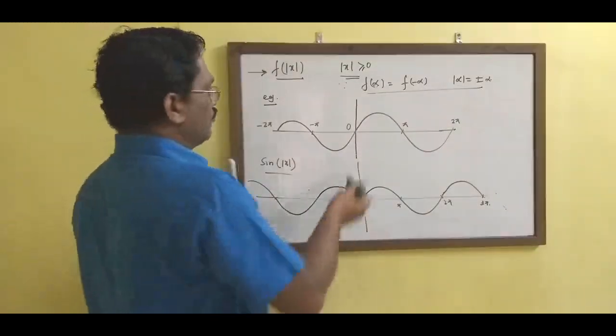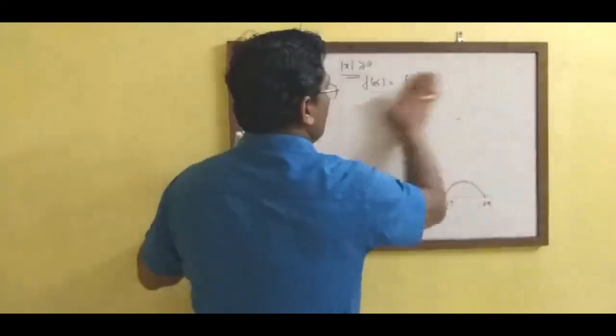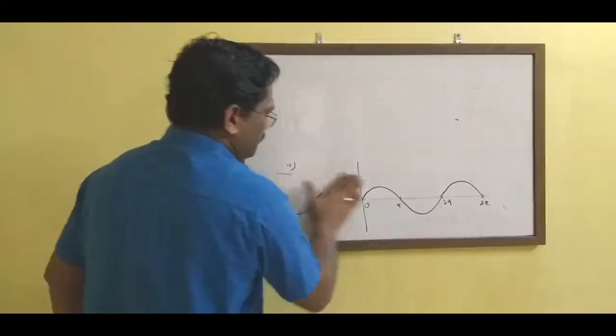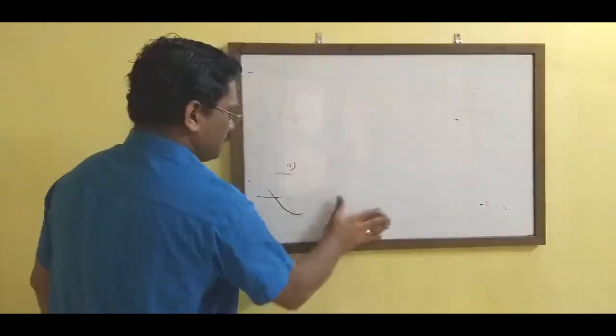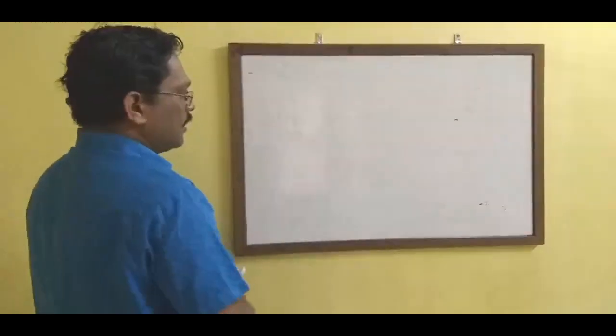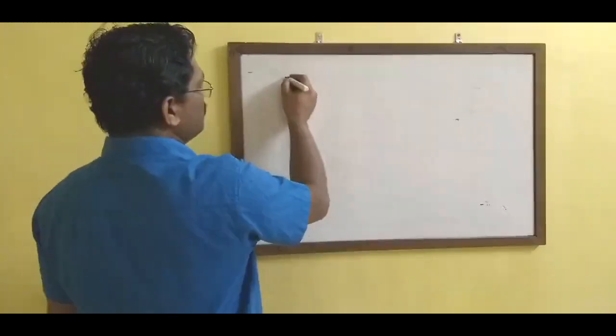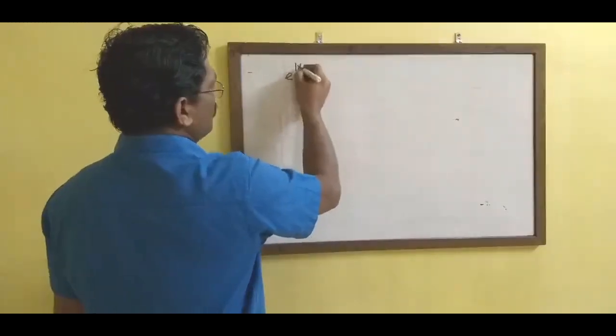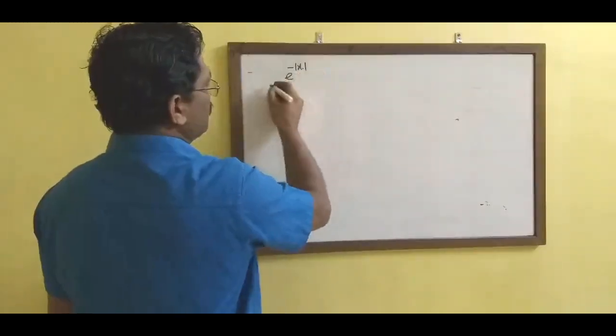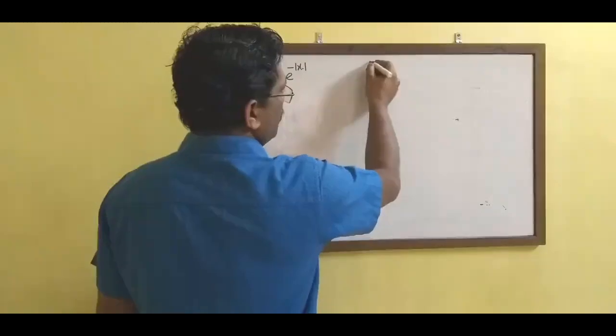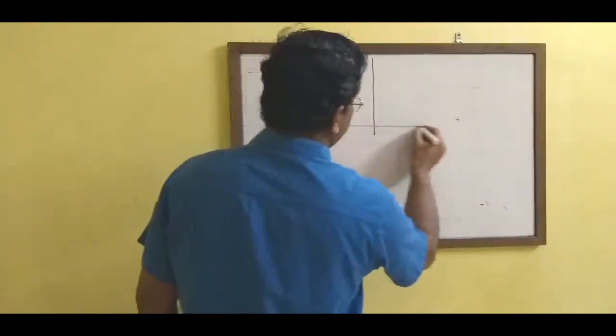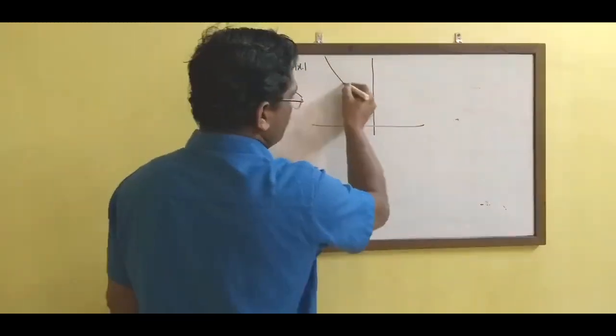Now, let us take a few more examples. If I am drawing e to the power mod x, or minus mod x, I want to draw this graph. See, e to the power minus x has a graph like this.